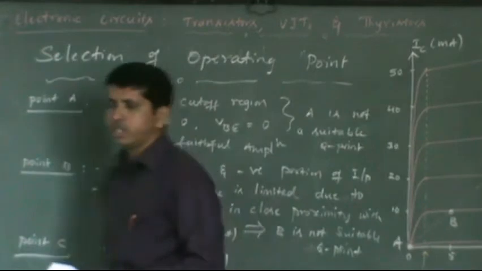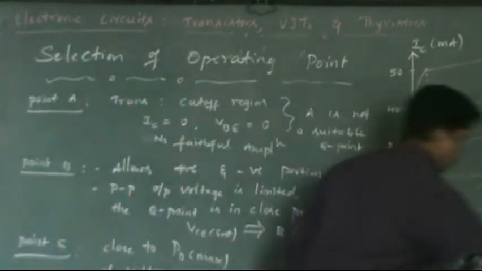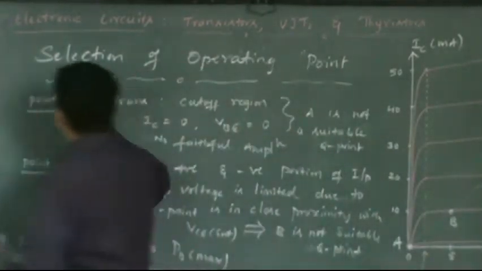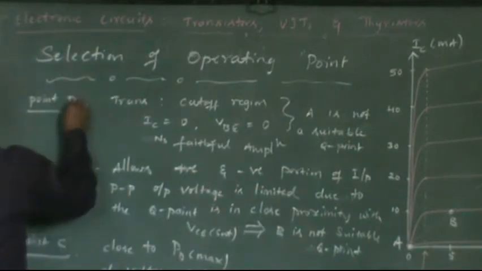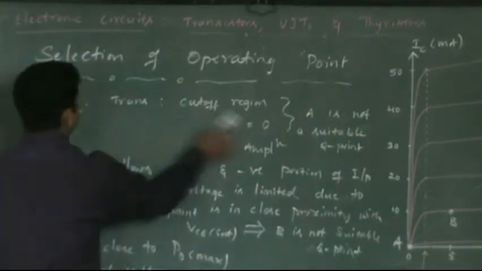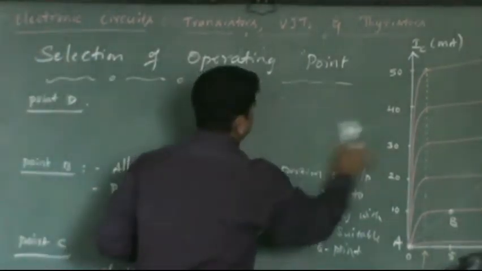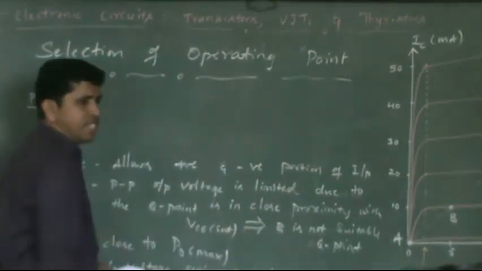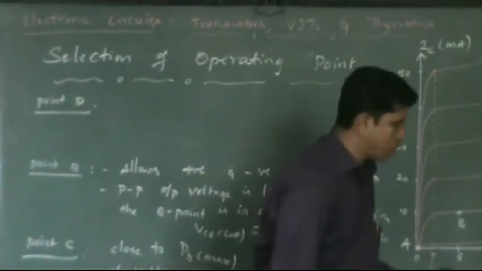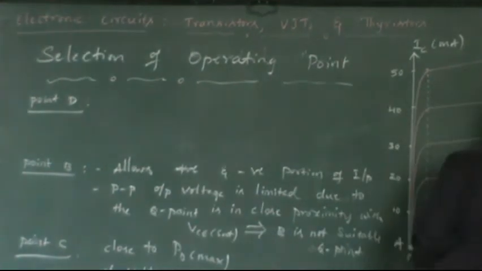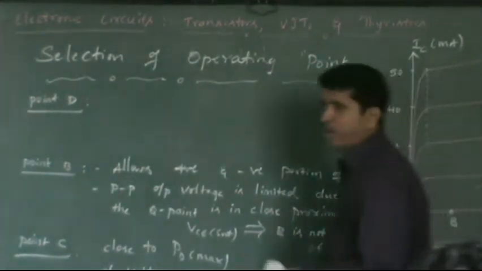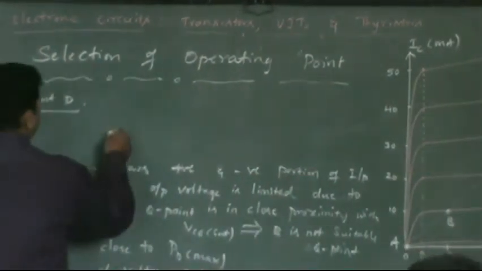And last you can come to point D, which is the best point, where you can see the efficient transitions of positive portions as well as negative portions. We don't have any drawback here. We can first write the advantages.